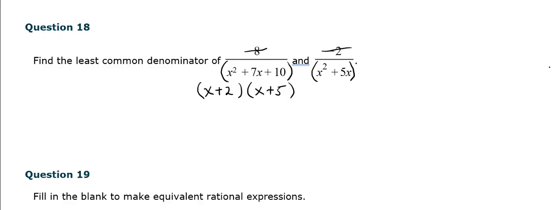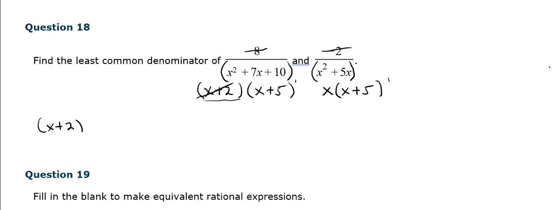Now in my second, I have x squared plus 5x, so I'm going to remove the greatest common factor, which is x. And when I do that, that gives me x times the quantity x plus 5. So remember, I use every factor. So I use the x plus 2. They both have x plus 5, and they both only occur once.